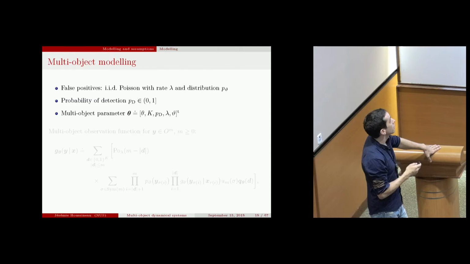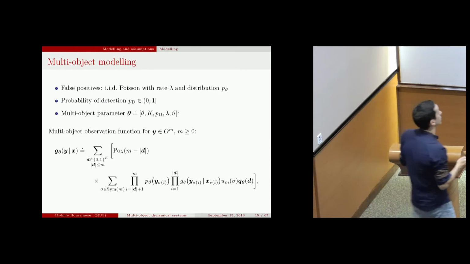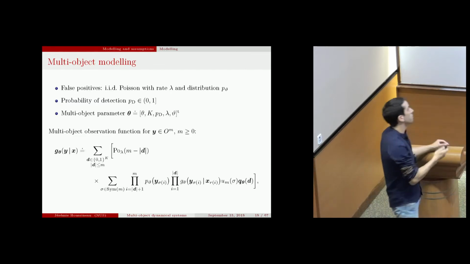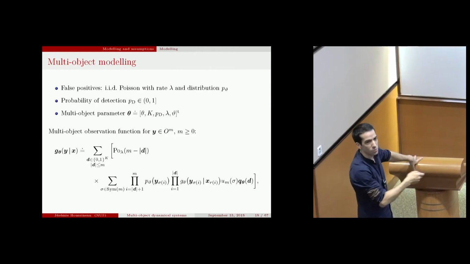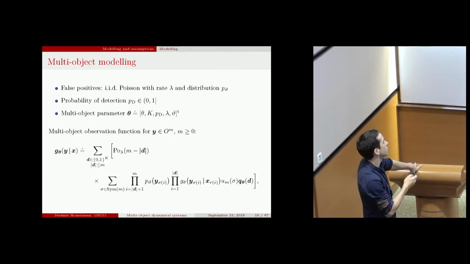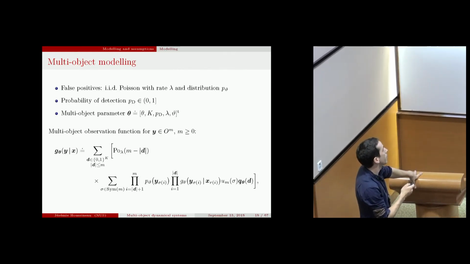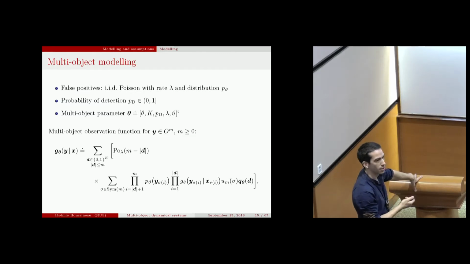So let's tag all my parameters. For dynamics and observation, there's my number of targets, probability of detection, rate of the false alarms, false positives, and some parameter of the distribution. I stack everything together. Let's just assume this is a picture. It's not necessary to read it in detail, but that's your multi-object likelihood. Things get complicated very quickly because you have to decide who's detected.